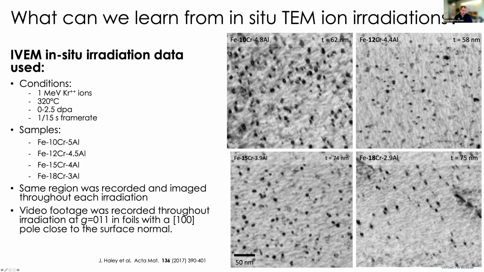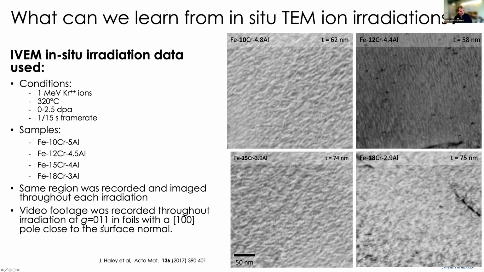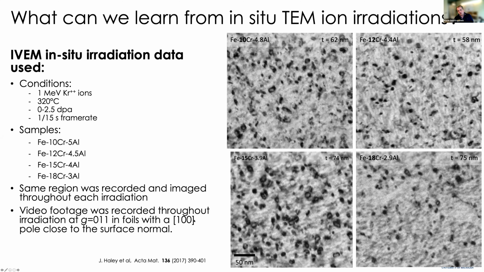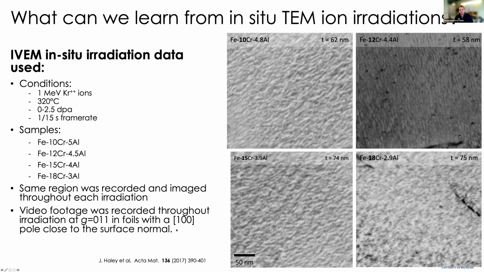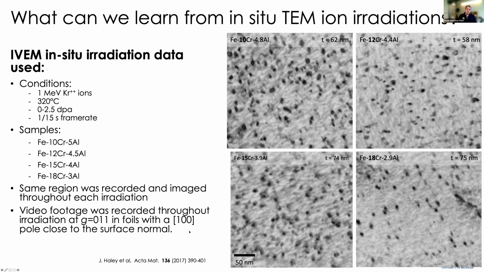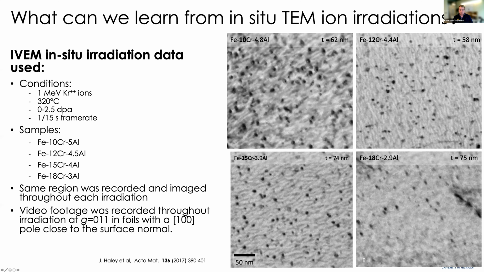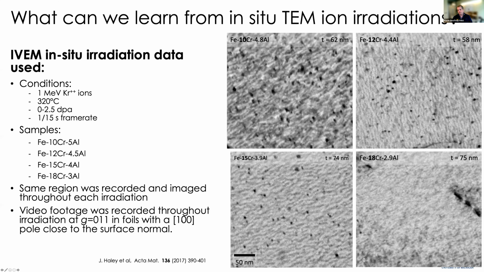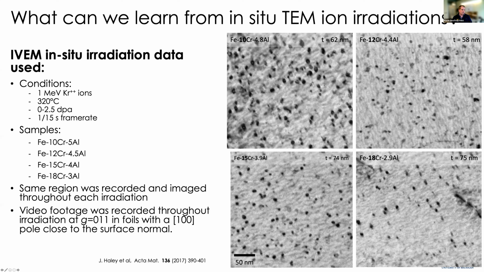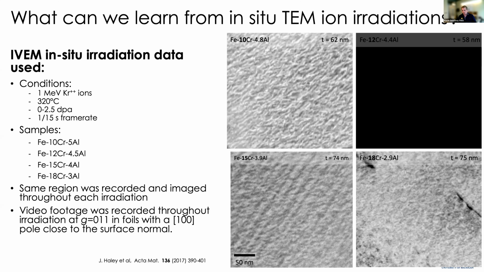And oh yeah, this one's good. We use g011 for this one, imaging off the 100 zone axis. You get 2 different types of loops that form in this material, a 111 and a 100 loop. The 100 zone axis, if you do all your g·b criteria, tends to be the perfect one to image both of those loop types.